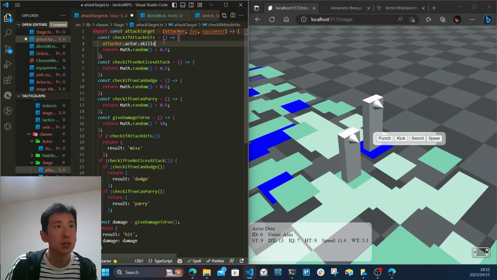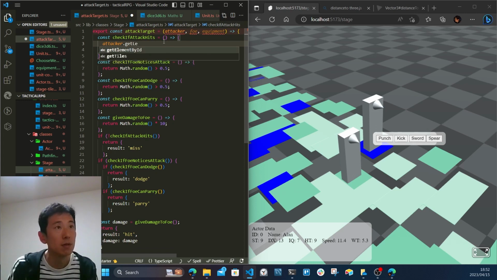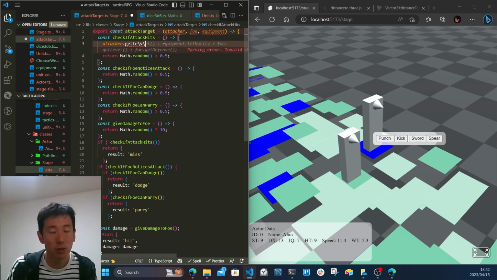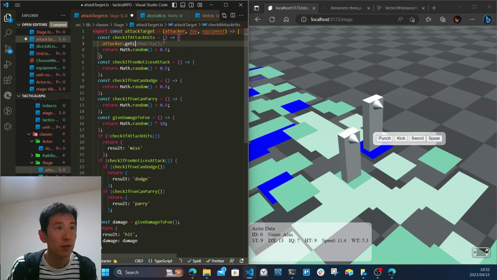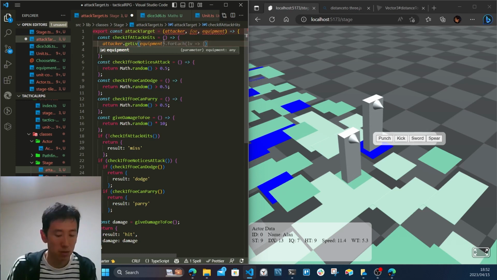So the attacker gets the level. I'm just going to shorten the word level here. Get level of the equipment and skill to use.